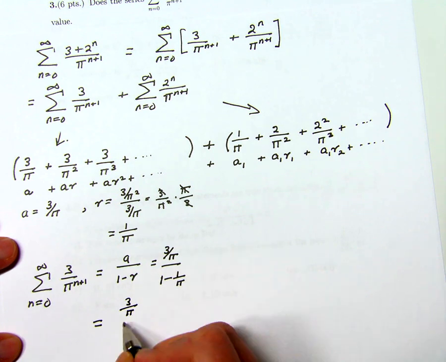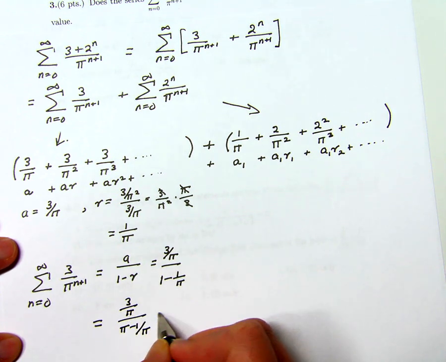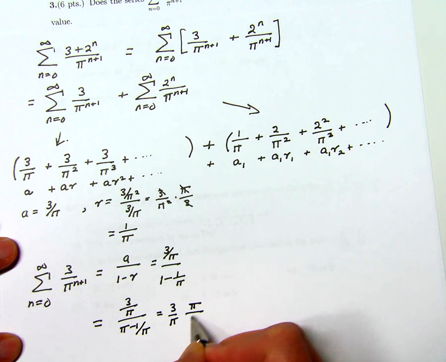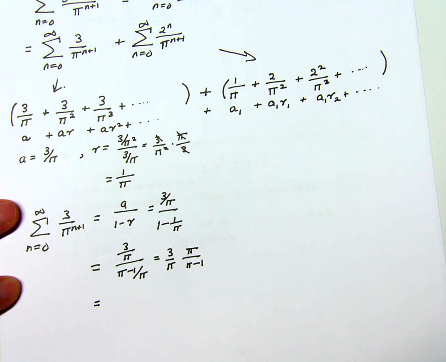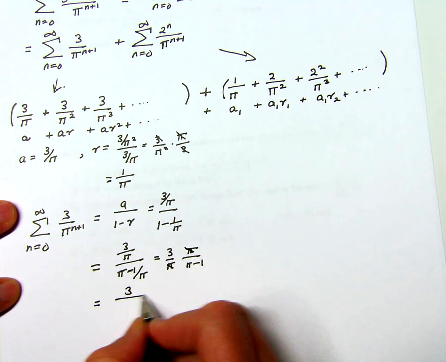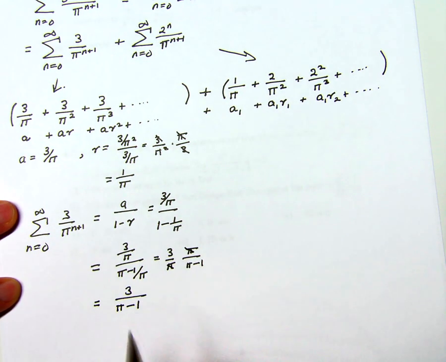This is pi over pi minus 1 over pi, so it's pi minus 1 over pi. And that's, of course, 3 over pi times pi over pi minus 1. And that's equal to 3 over pi minus 1.